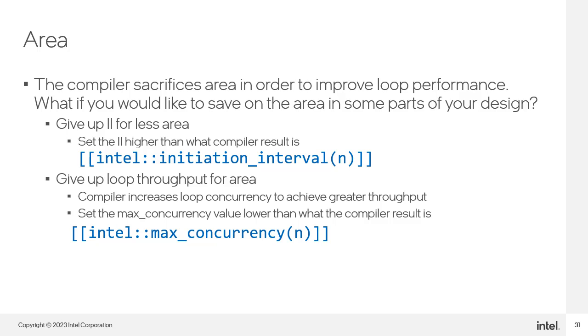Also, you can have concurrent operations going on to keep the pipeline fed with data constantly. If you want to suppress that behavior and are not interested in the performance of that loop, you can use the attribute for maximum concurrency, which is intel::max_concurrency, to achieve a smaller area.